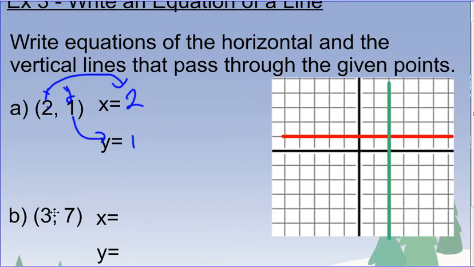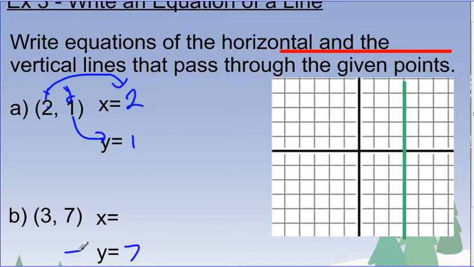Let's check this one here, letter B. (3, 7). So go over 3, up 7. 1, 2, 3, 4, 5. See, it doesn't even fit on here. 6, 7 is going to be up there someplace. So we'll use our imaginations a little bit. So the horizontal line here is where the y values are 7.